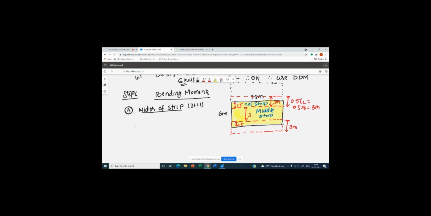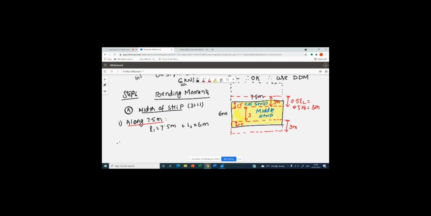So first we will find out along 7.5 meters. L1 will be for this 7.5 meter and then L2 will be 6 meters.